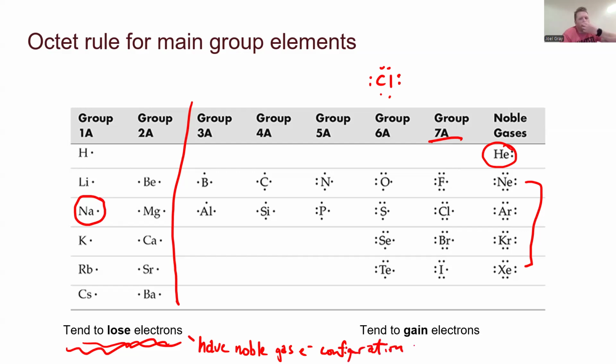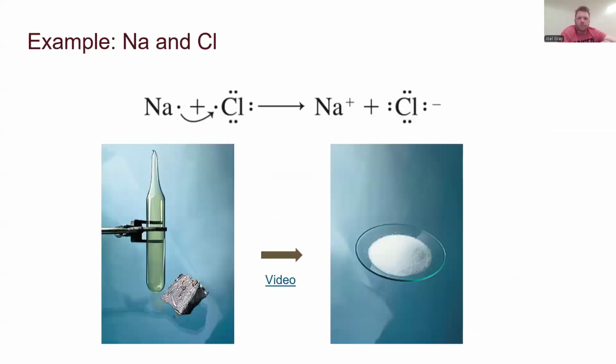Then these guys over here, the ones that gain electrons, will ultimately, when they do gain electrons, have a noble gas electron configuration. So they gain or lose electrons to get 8 valence electrons, which is a noble gas electron configuration.